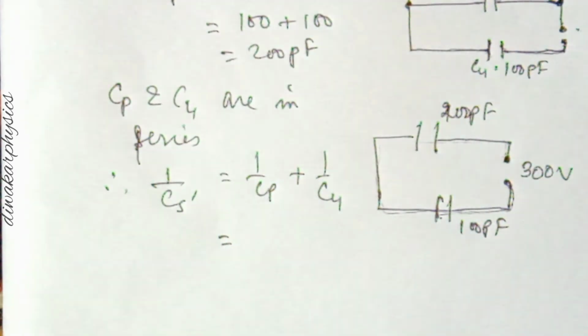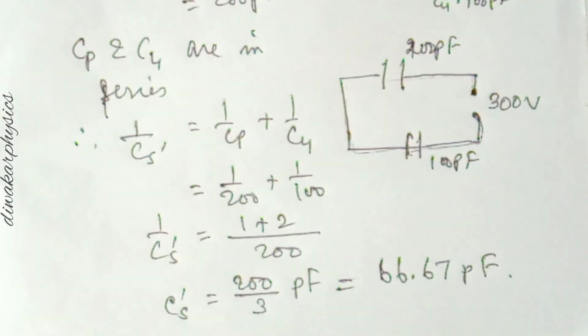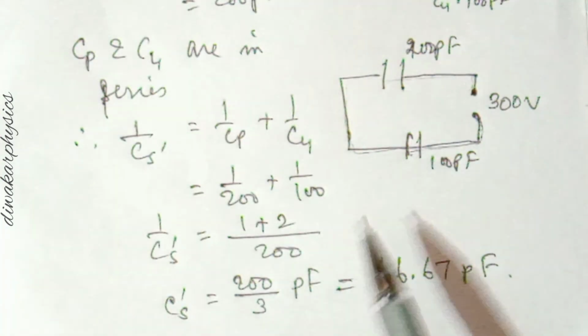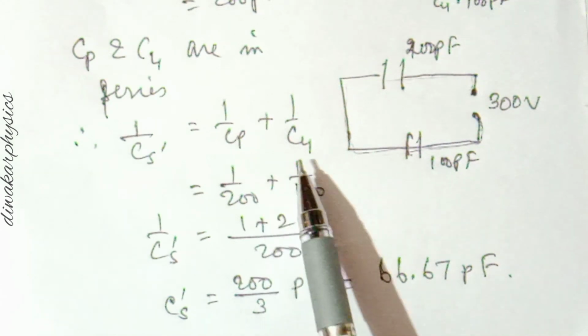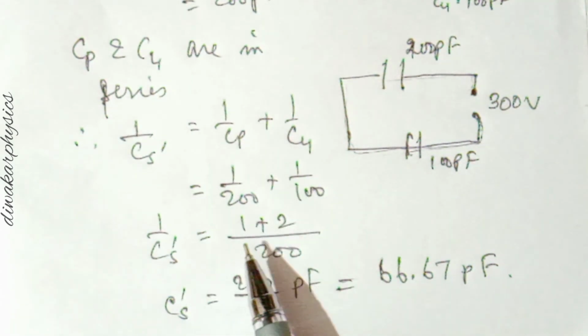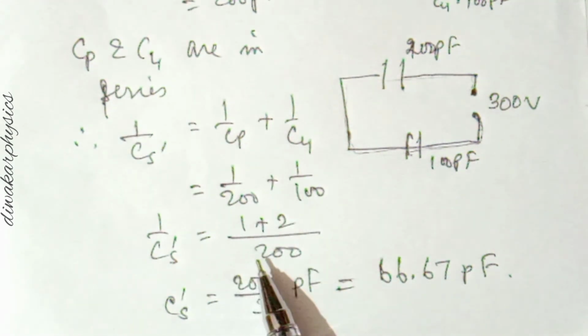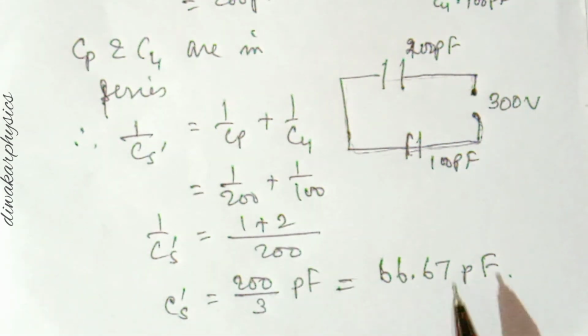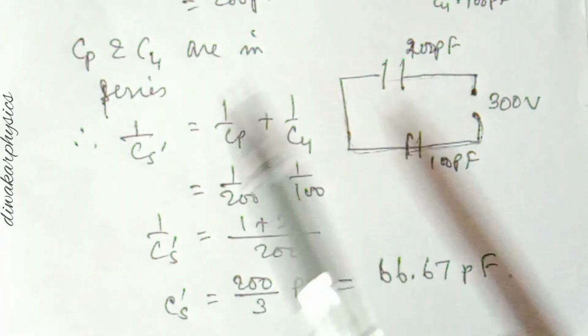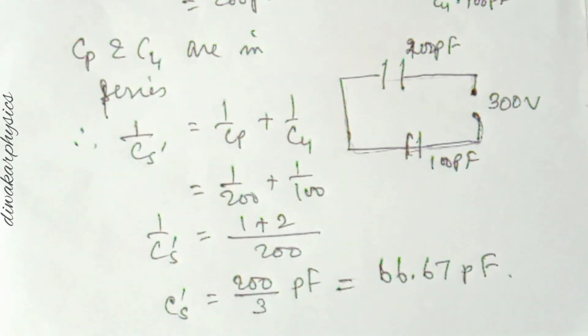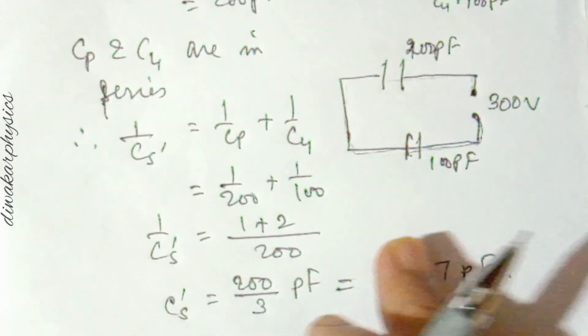Then we'll put in the values and solve. Solving this, we get 1 by 200 plus 1 by 100 is equal to (1 plus 2) by 200, and CS dash is equal to 66.67 picofarad. That way we get the total equivalent capacitance of the network. Combining all four capacitors, we get this value.